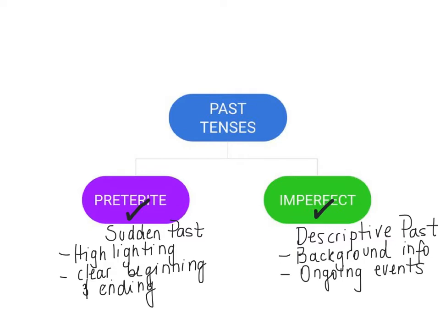So that's the parallel. Now with preterite, since you're highlighting actions that were completed in the past, you're always talking about what was said, what was done, and what happened. That's preterite. Imperfect is just giving you background info and more details because it's descriptive in nature.